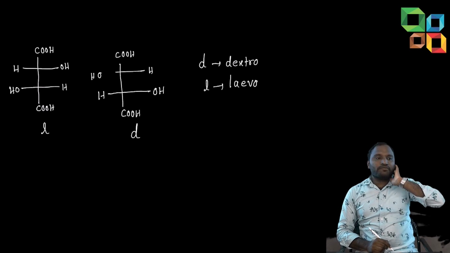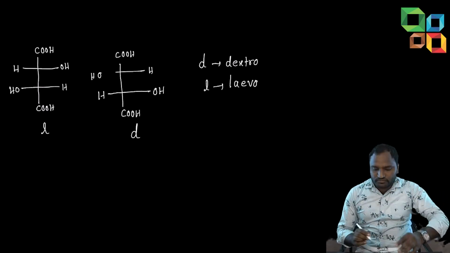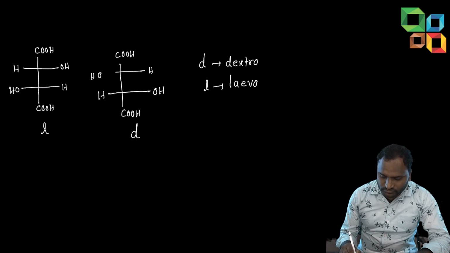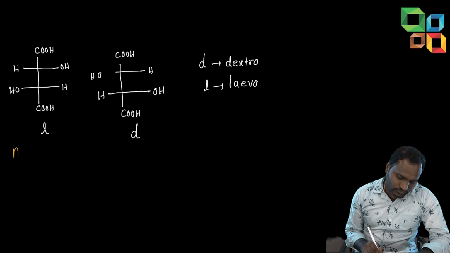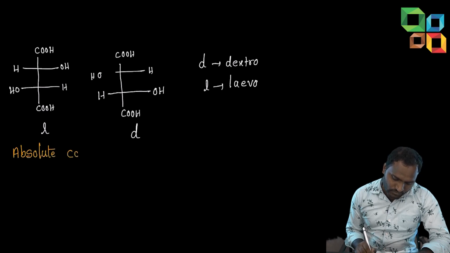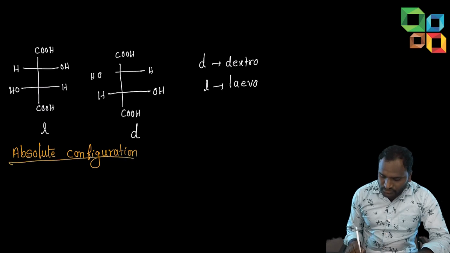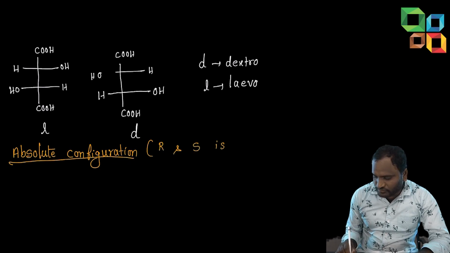Next one, absolute configuration. Here absolute configuration has the R isomer and S isomer.